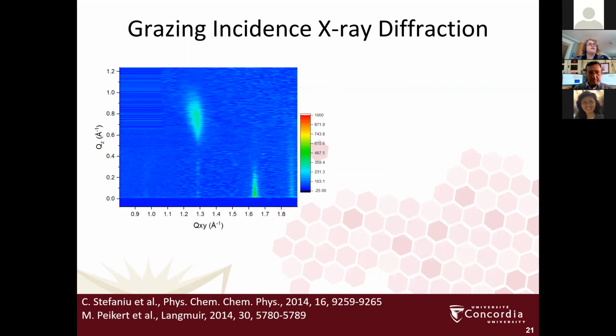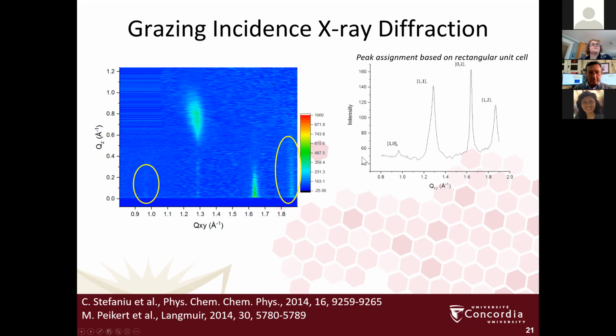Okay, if we take a broader scan, what you'll see is this one is more evident. This is a little harder to see, but as you can see, it is there. We have 2 additional peaks, one at QXY 1.86 and one at 0.96, which, now that we know it's a herringbone packing, if we move to a rectangular notation, can be indexed as the 1,0 and the 1,2.